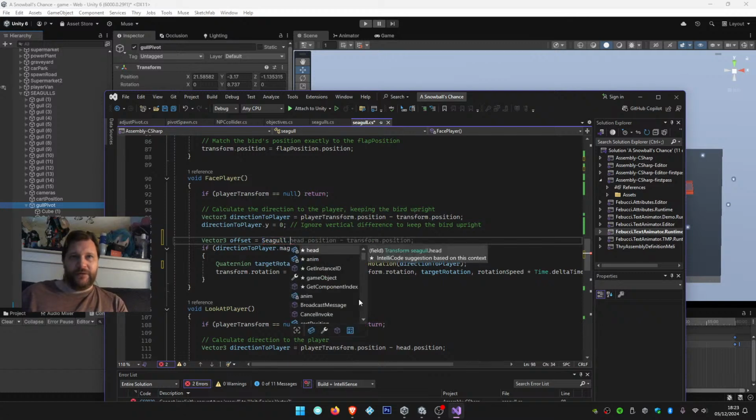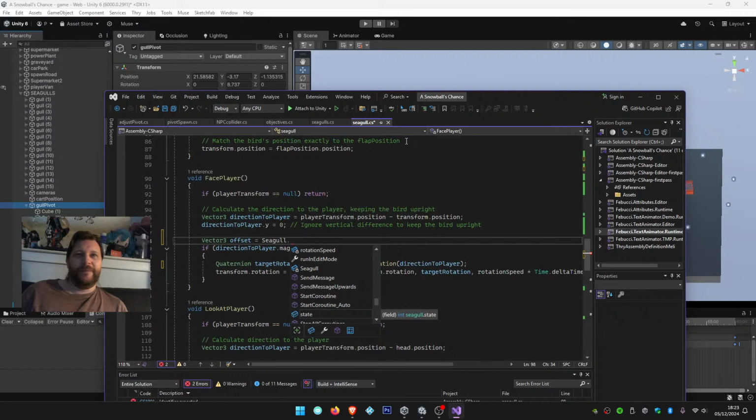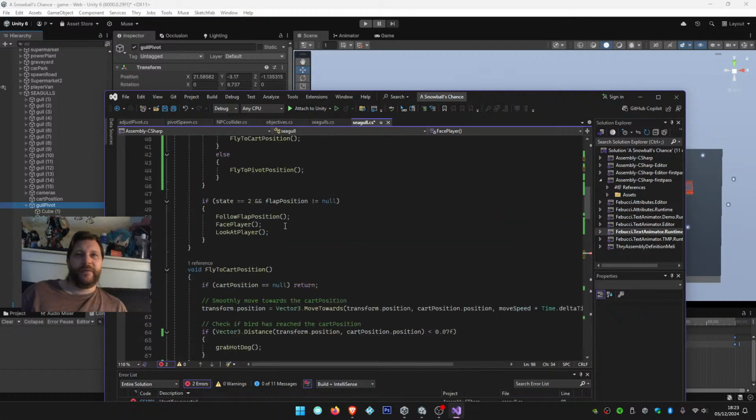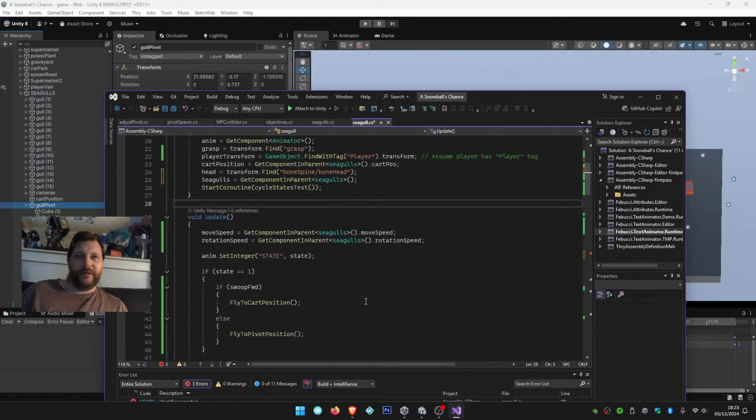Seagull dot... What did I call it? Flap rotation offset. Swoop rotation offset. What did I call it? Oh, it's Seagulls. What am I doing? Does anybody know? There we go.